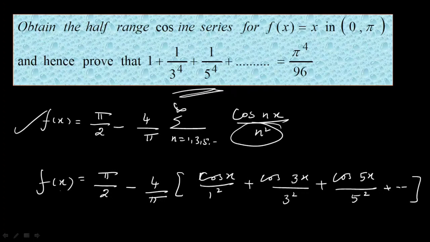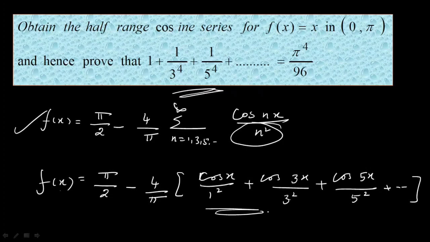I just expand this series for your reference: 1 square, 3 square, 5 square. But here we have 3 power 4, 5 power 4 in the deduction part. If you are going to reduce the series whose power is 2 times more than what we have now, we make use of Parseval's identity.